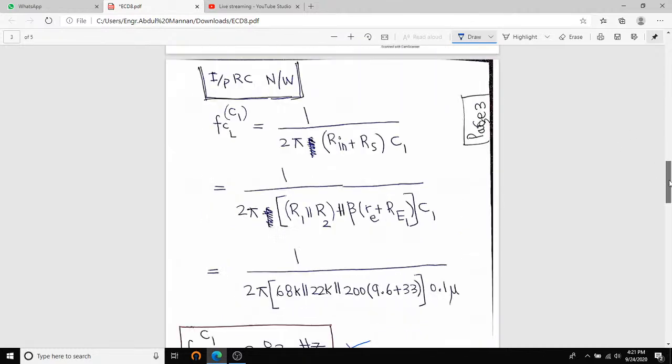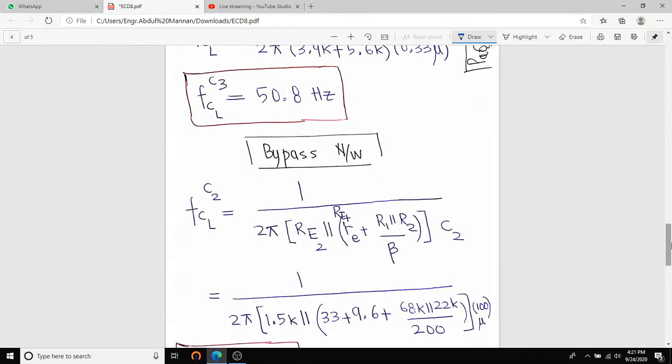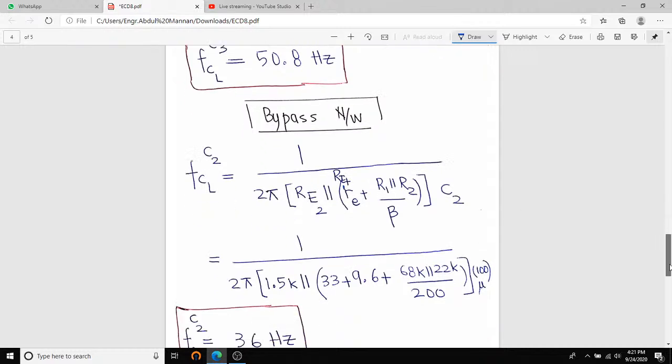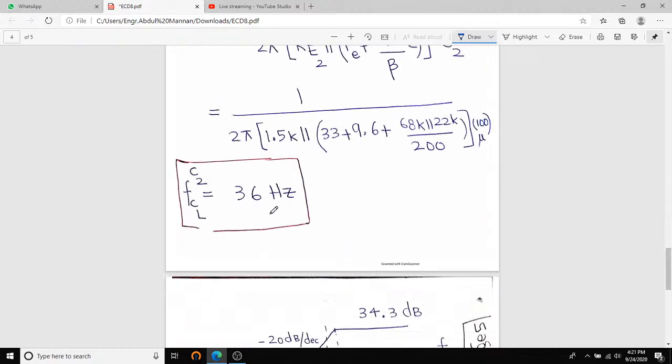We studied this in the last lecture. So we divide them by beta, plus re plus RE1. This I forgot initially and I wrote it later, therefore you can hardly see this one, but it is there, RE1 in parallel with RE2, right? So plugging these values in gives us FCL due to C2 as 36 hertz.